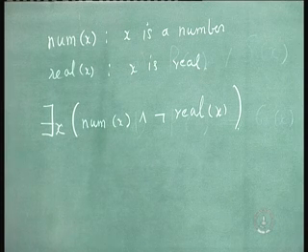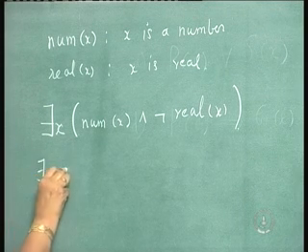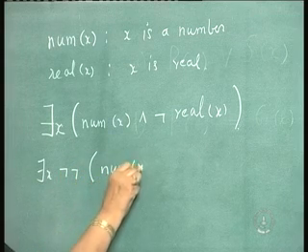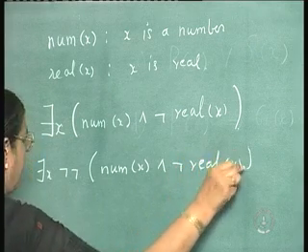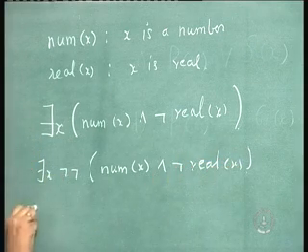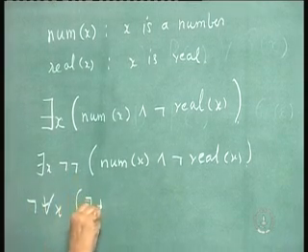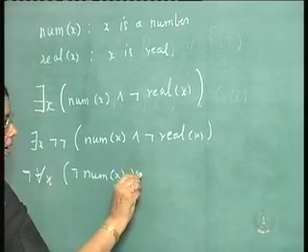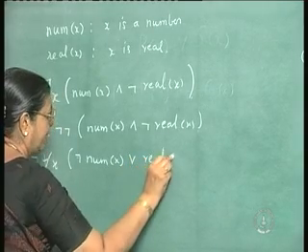Now, how will you write using the universal quantifier? Again the same way, you can introduce two nots here, and write it like this. Now, one not you bring outside, that is not for all of x, and one not you bring inside: not num x or not of real x, that will become real x.